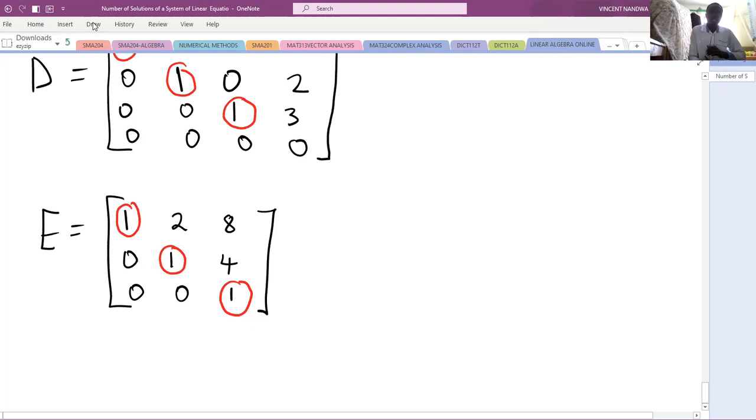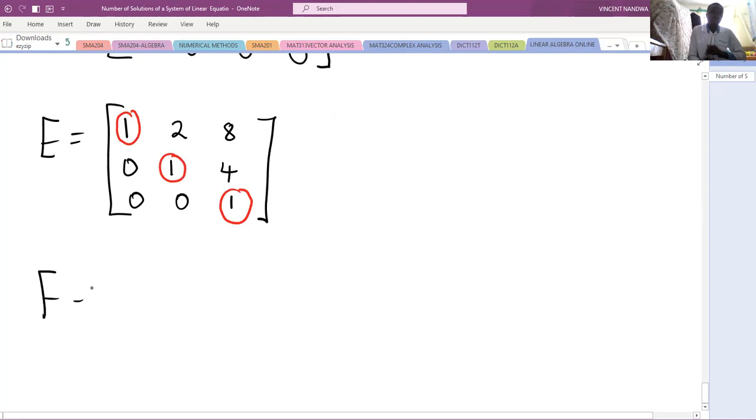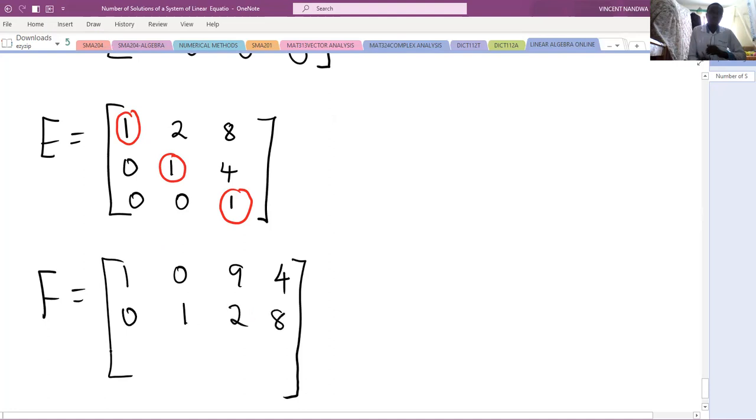Or I can have this other example, F, if I have 1, 0, 9, 4, 0, 1, 2, 8, 0, 0, 1, 0, 0, 4, and then 0, 1, 6, and then 0, 0, 0, 1.